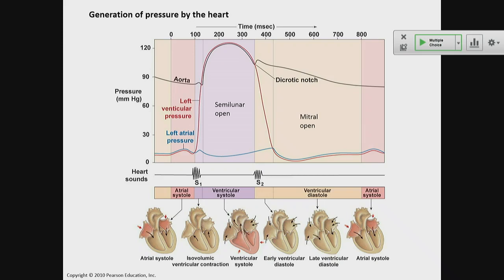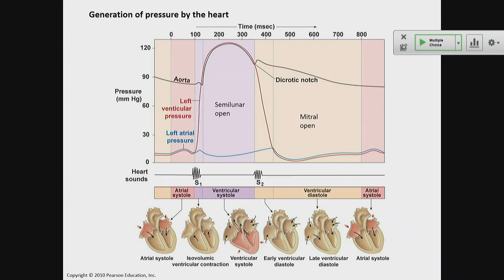And during that phase, you can see that the pressure in the two parts of the heart is approximately the same. If you have an opening between two compartments, it's impossible to have different pressures in the two compartments, okay? So having the same pressure is an indication that the valve is open.